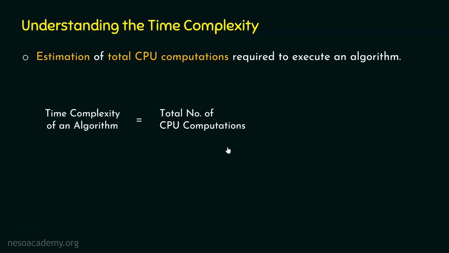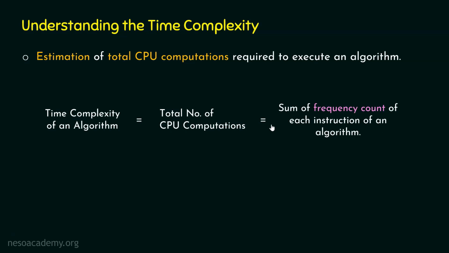According to this method, we calculate the sum of frequency count of each instruction of an algorithm. So, total number of CPU computations is equal to the sum of frequency count of each instruction of an algorithm.